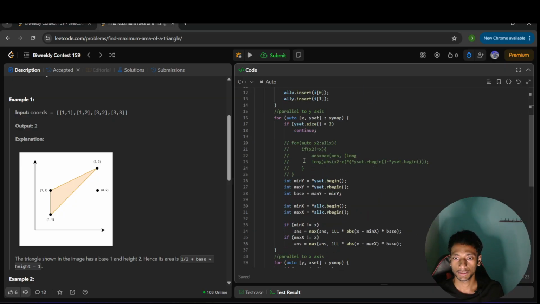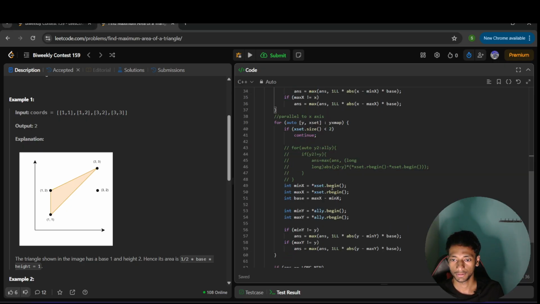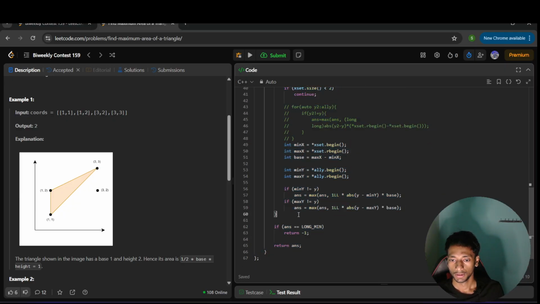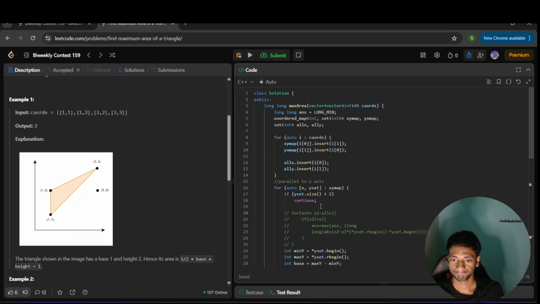Now iterating each map again will be big O of n, and here it is big O of n because we are not doing anything extra. So ultimately the time complexity is big O of n log n, correct?